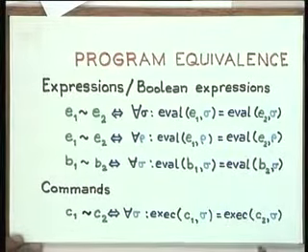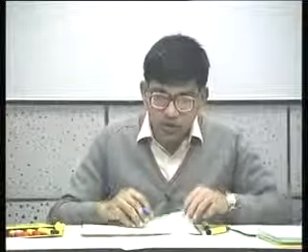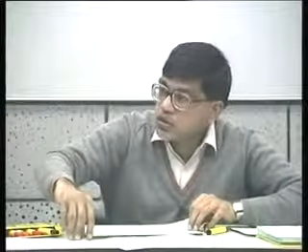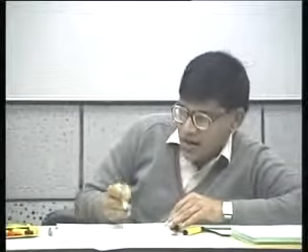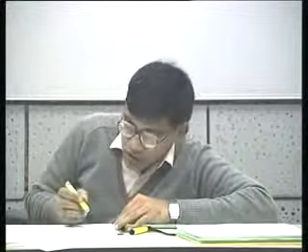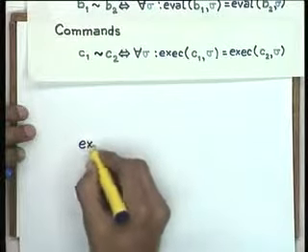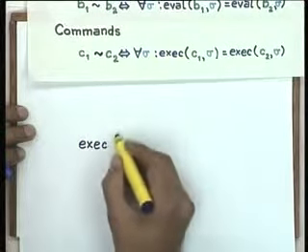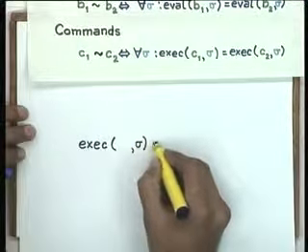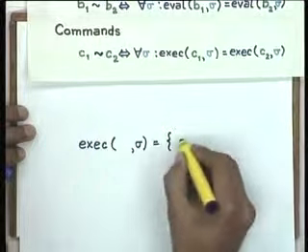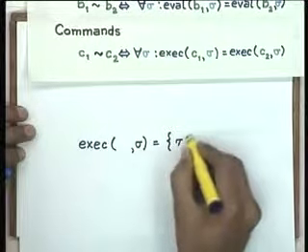And when are two programs equivalent? In our simplified programming language, a command is also a program, so there's no distinction really. I'll define the notion of an execution: I can define this function called executions, and I can define it as the set of all final states.